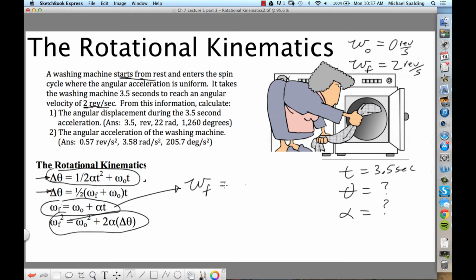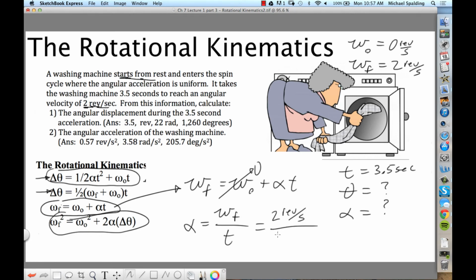Angular velocity final equals angular velocity initial plus alpha t. It starts from rest, so the angular acceleration is going to be the final angular velocity divided by the time. So that is 2 revolutions per second divided by 3.5 seconds, which gives 0.57 revolutions per second squared.